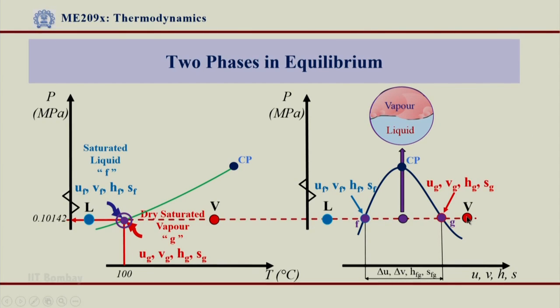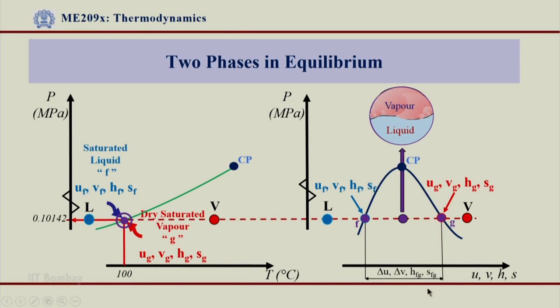What is important to note also is the difference between UG and UF, VG and VF, HG and HF and SG and SF. The difference between HG and HF is nothing but HFG, which is given over here, and these two values, the HFG and SFG, are given in the steam table directly.